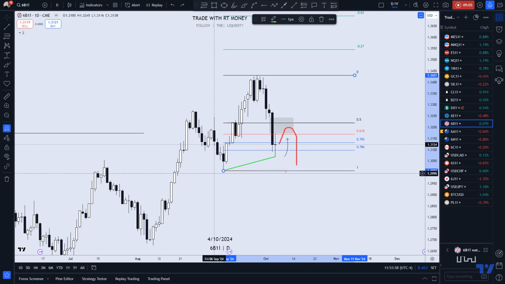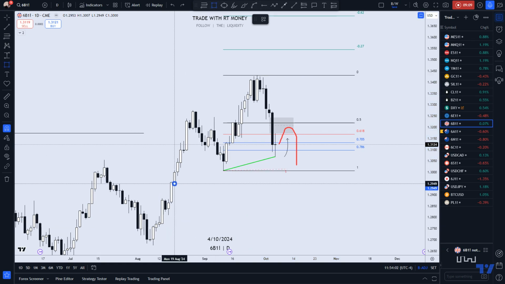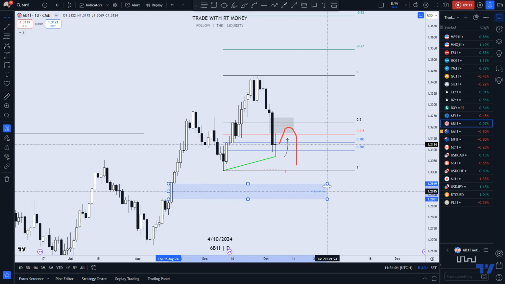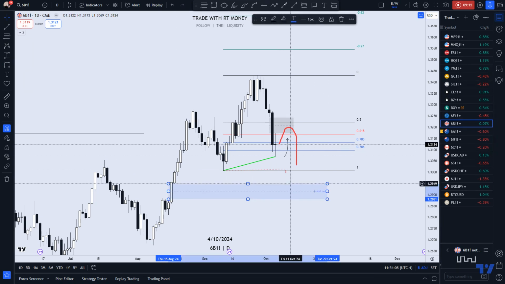If I see a close below that, then we're probably coming to the fair value gap down here. And this is where, if you're going to be taking shorts, I would take my take profit. All right, if price closed below 1.3 thousand.